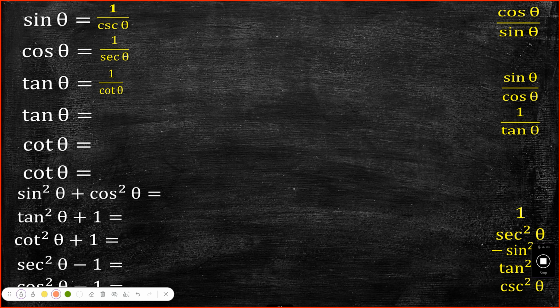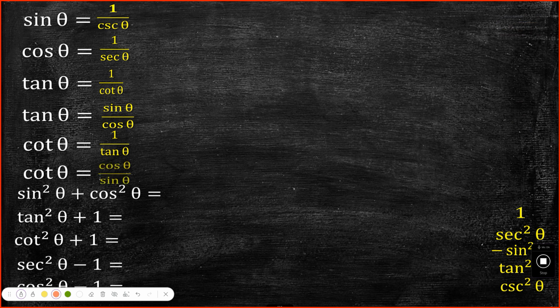Sine theta over cosine theta. Cotangent theta. Anybody, everybody, what's cotangent theta? 1 over tangent theta. What is cotangent theta? Cosine over sine theta. Cosine over sine.